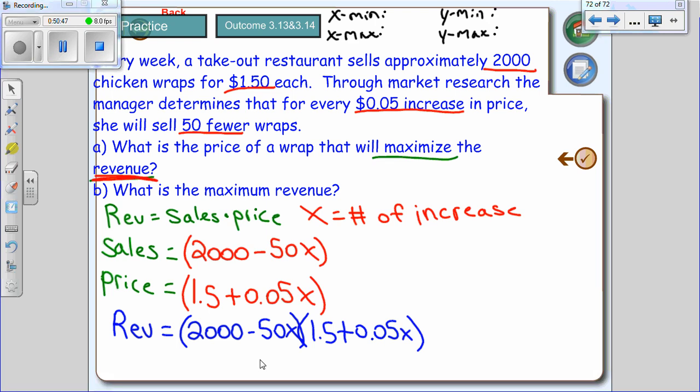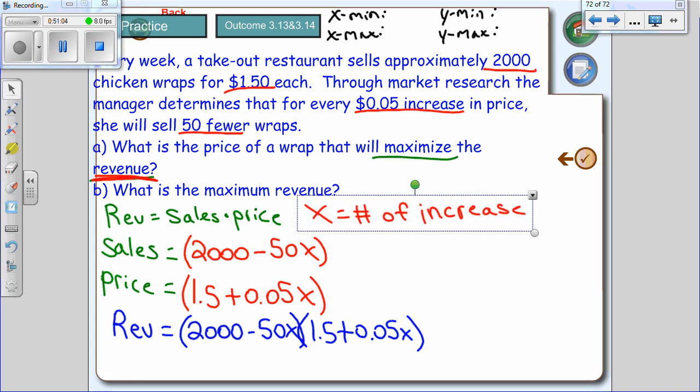The least amount of increases I can do, the minimum amount, is 0. What's the most number of increases I would do to this thing? Why 40? It's a great answer. Yeah, that's actually perfect. But I don't think people would follow you. I'd follow you. That makes complete sense.